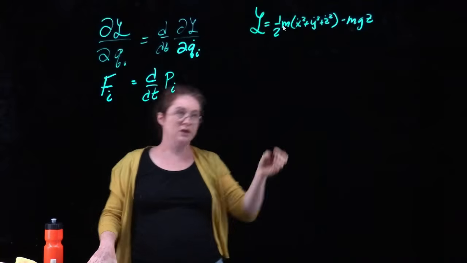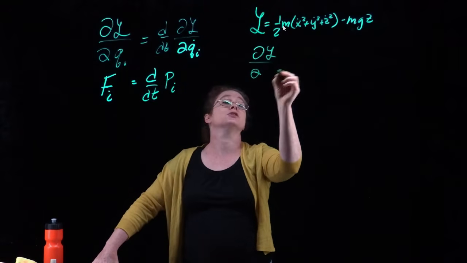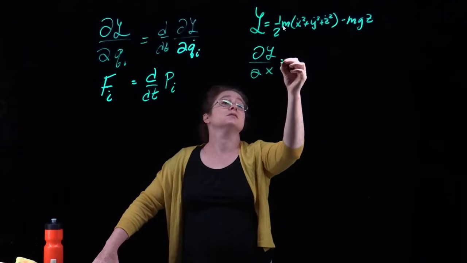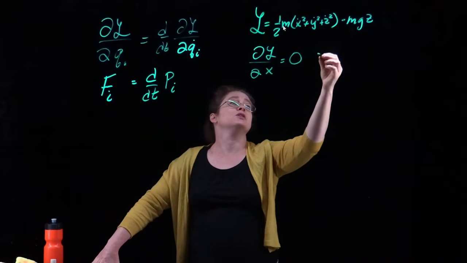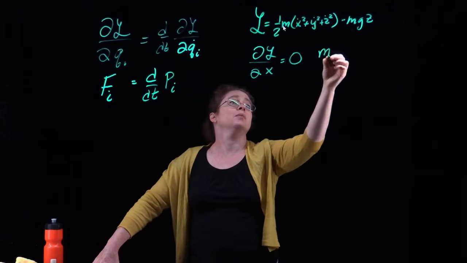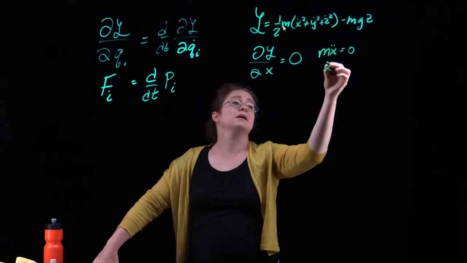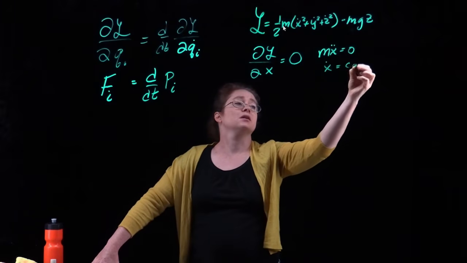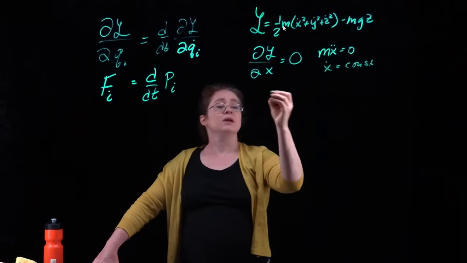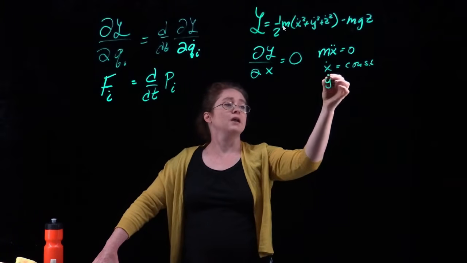And when you do partial L, partial x, this is 0, which means that m x double dot is 0 or x dot is constant, and you get something similar for y dot.